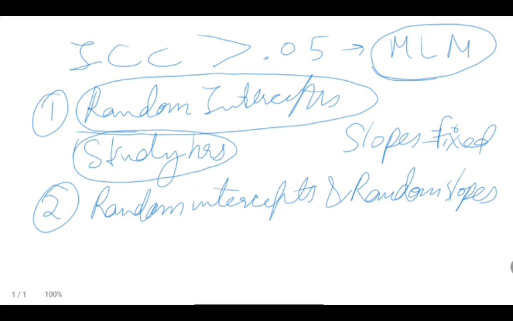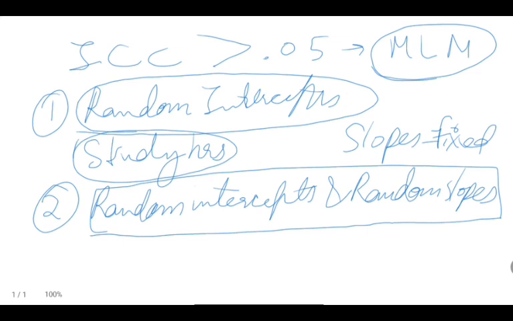So this is the fundamental behind randomizing the intercepts and randomizing the slopes, which we do of course after first randomizing the intercepts. So now we compare both the models to decide which one to choose, whether we should go in for the random intercepts model or the random intercepts and random slopes model.